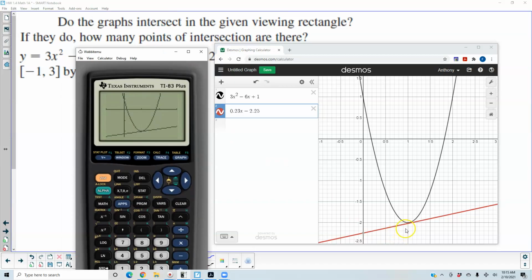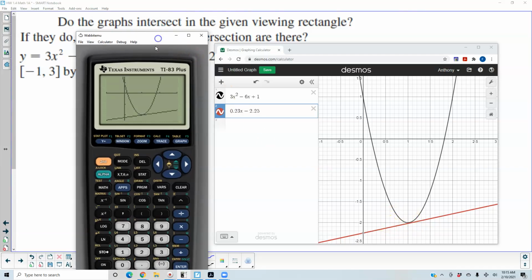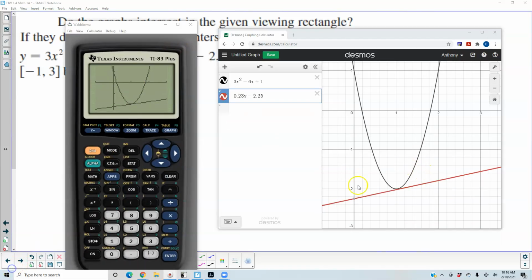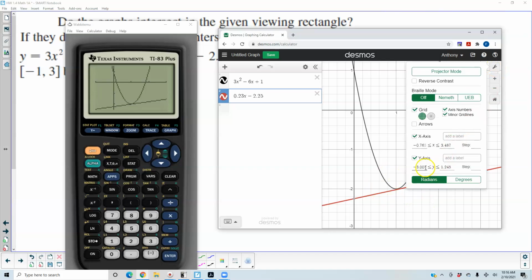Well, we might need to view this a little bit closer because it looks like they're intersecting, but maybe we need to look a little closer here. So let's try to view a little closer in here. For the y, we can go down to, let's say, negative 1.8.